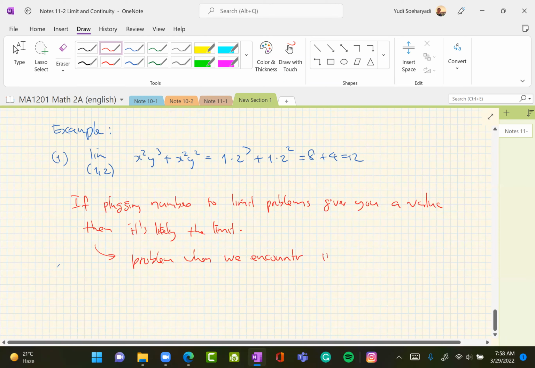What do you call this? Indeterminate, yes. Then you need some simplifications. One thing is factorizations.